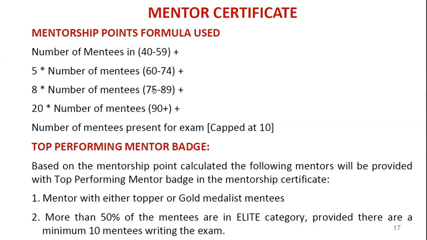Then 3 students secured 75 to 89, so 8 into 3. Then 1 student secured above 90, so 20 into 1. See, if the score is high, your multiplication factor is also high, so you will get more points. Based on this formula, the total score is obtained.